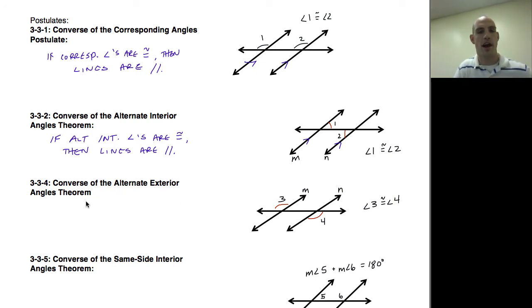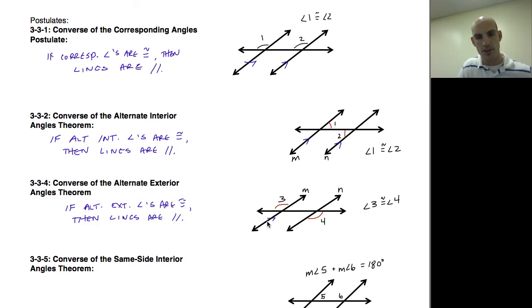Same thing for the alternate exterior converse. Angles 3 and 4 are alternate exterior angles, and so if they're congruent, then lines are parallel.